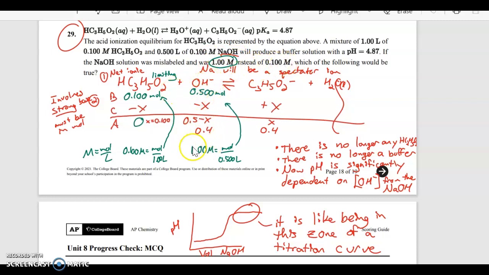So the 1 molar solution is what you need to use in order to figure out how many moles of OH minus that you have. Start off with that net ionic equation. You have to do this BCA table. You have to have moles. Figure out how many moles of each substance that you have. You just have to use this 1 molar for the concentration because that's what it actually is.